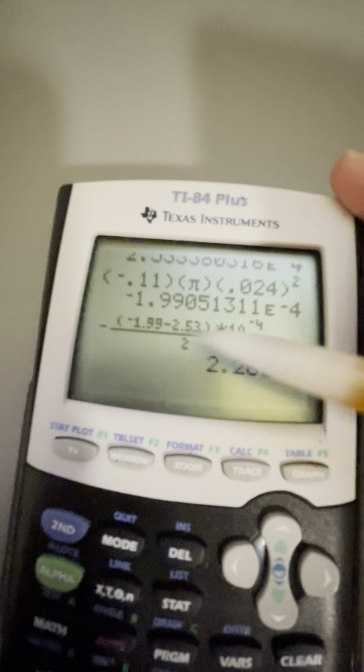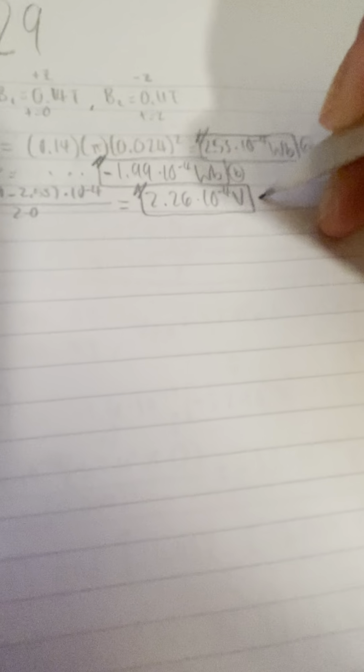Because you have the negative there and negative there, those two cancel, and we get a positive EMF value of 2.26 times 10 to the negative fourth, in units of volts. That's part C, so that's all of 8.1.